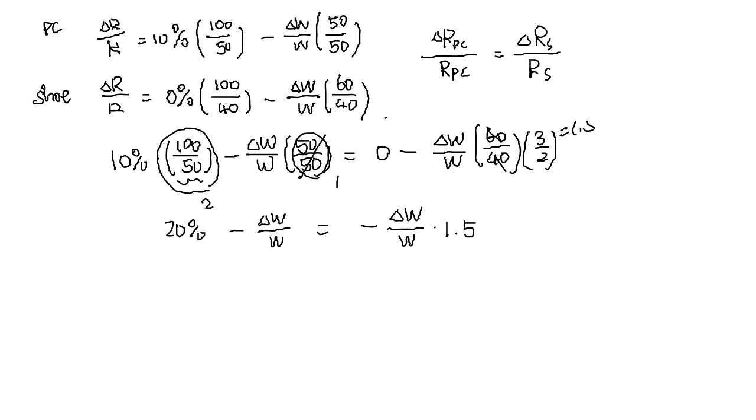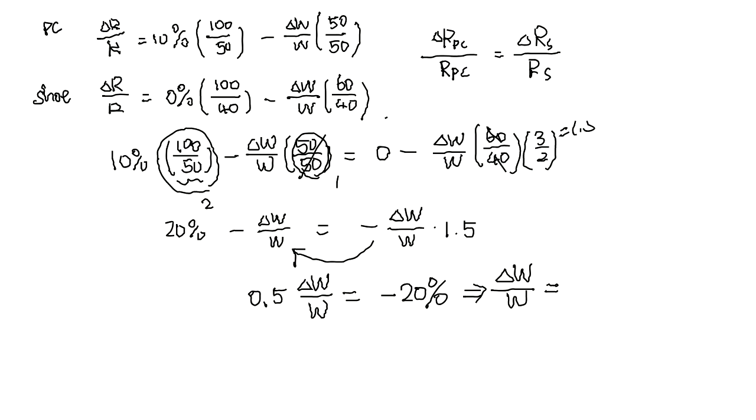So last step, algebra. 0.5. It's negative. So the wage change will become negative 40.